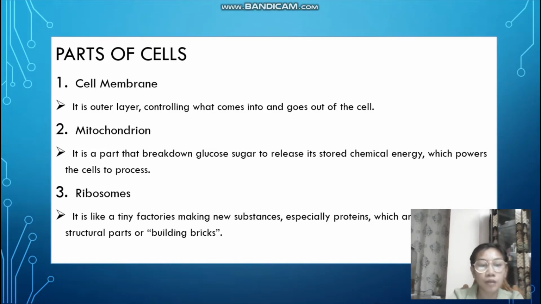The mitochondrion is the part that breaks down glucose sugar to release its stored chemical energy, which powers the cell's processes. And ribosomes are like tiny factories making new substances, especially proteins, which are the cell's main structural parts or building bricks.